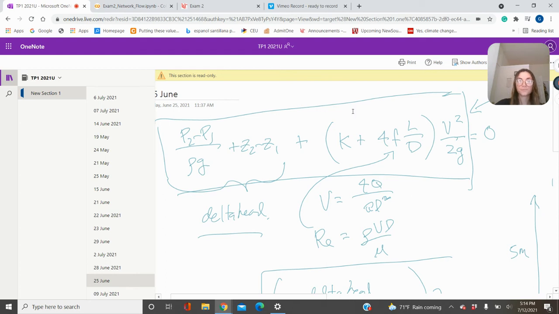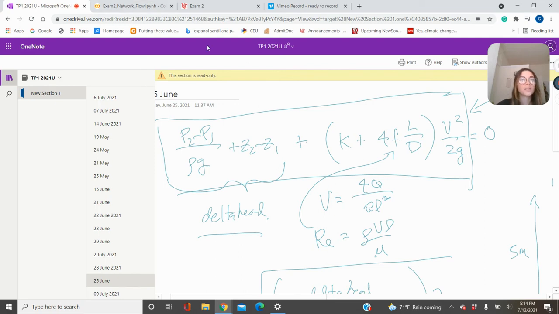All right, so this is where we're going to use our volume, our volume and our Reynolds number equation to solve for that delta head.